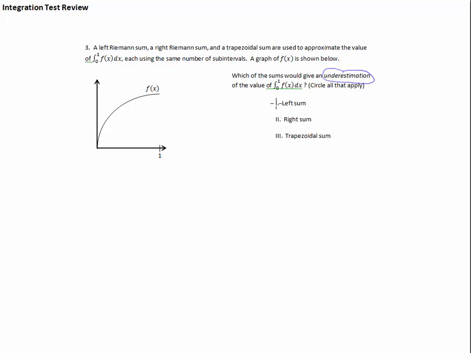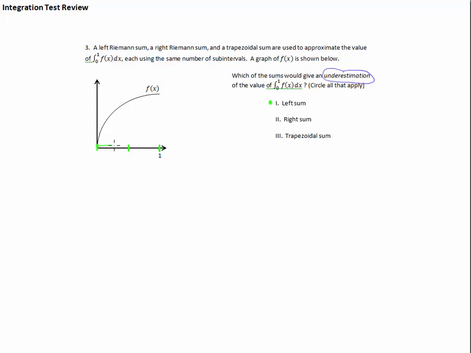So let's take a look at the first one, left-hand sum. We're going to do this one in green. If I were to do a left-hand sum, let's just, for kicks and grins, break it into 2 equal pieces. Okay, so 2 subintervals. It doesn't say how many subintervals, so this should hold true for all subintervals, including 2. So if I were to use a left-hand sum here, I would use the left side of this interval to determine how tall it is.